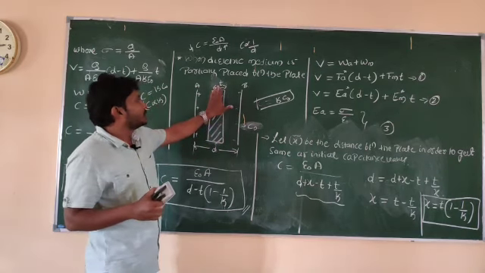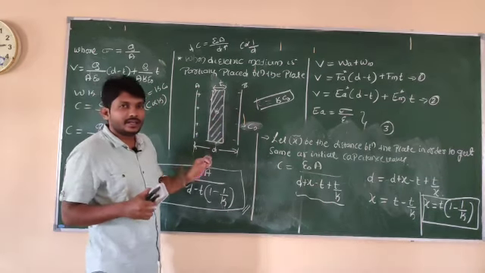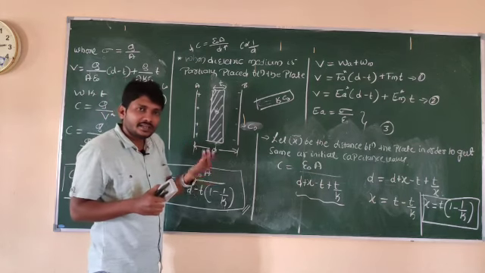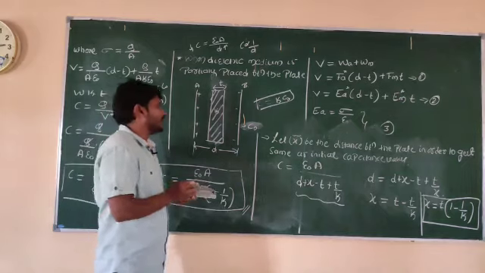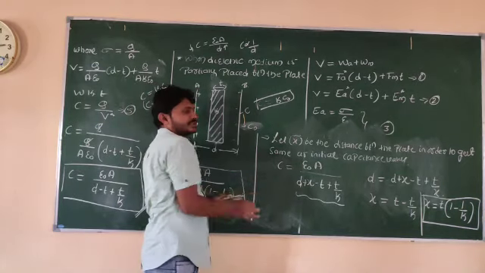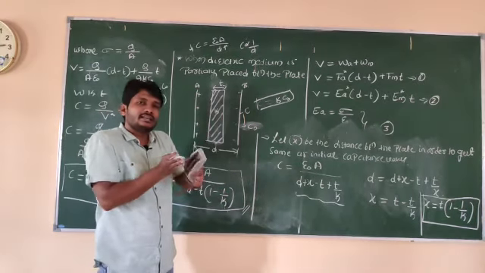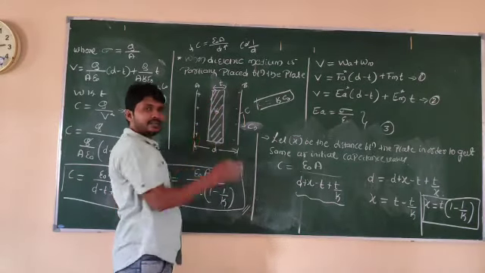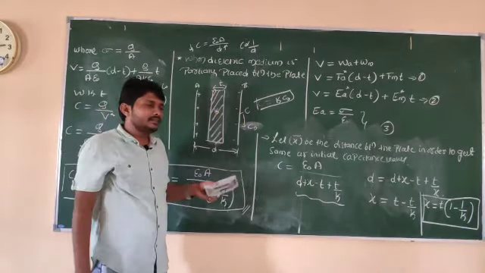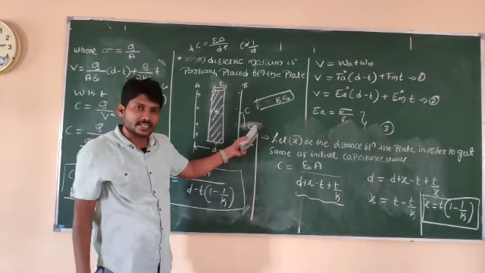So look here. After placing the dielectric medium, the capacitance value will increase. That increased capacitance value is C. Now I want to get that same initial value C naught after placing the dielectric medium also. Before placing the dielectric medium, its value is C naught.